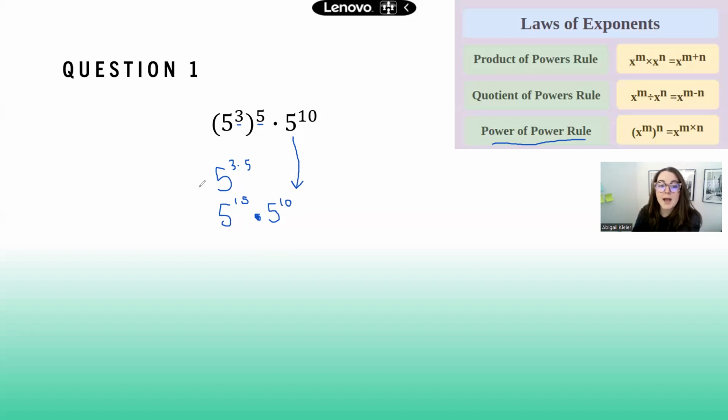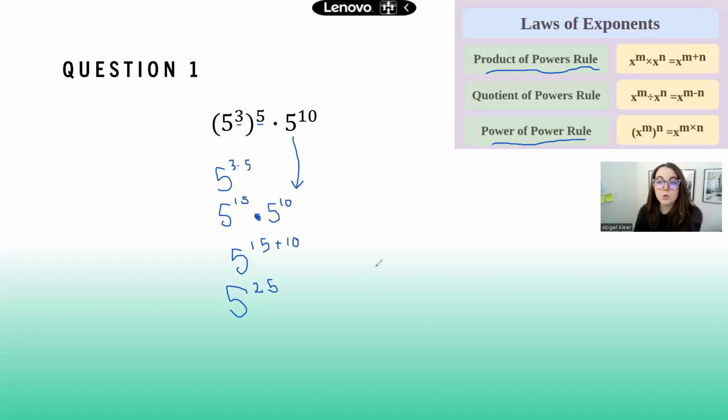Now I have the same base, and these bases are being multiplied. The product of powers rule states that if you have the same base being multiplied, you can add the exponents. So I can rewrite this as 5 to the power of 15 plus 10, which is the same as 5 to the power of 25.